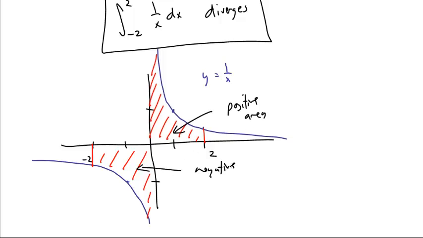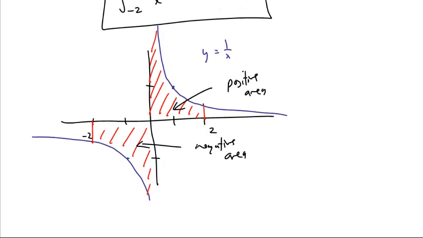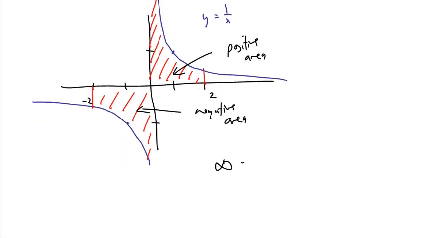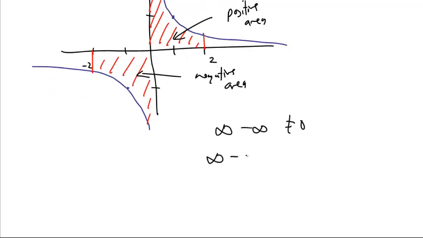And a lot of people will argue, hey, if these areas are exactly the same, one of them is positive, one of them is negative, don't they cancel out to be 0? And the answer is, infinity minus infinity is not 0. Infinity minus infinity is not defined. It depends on how fast things are going to infinity.